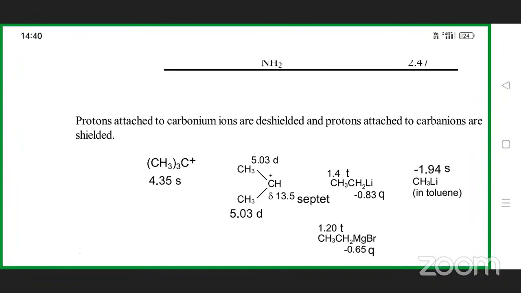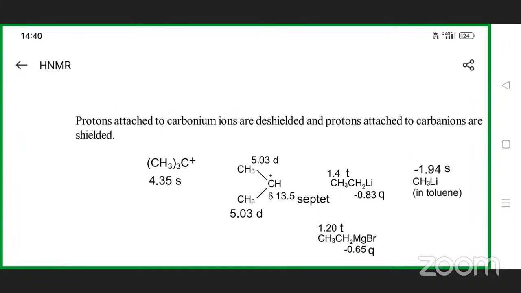And protons attached to carbonium ions are de-shielded, and protons attached to carbanions are shielded here. Yes, so here you can see the protons attached to carbocations. Carbonium ion is nothing but carbocation here. So they are de-shielded because of their electronegative nature.